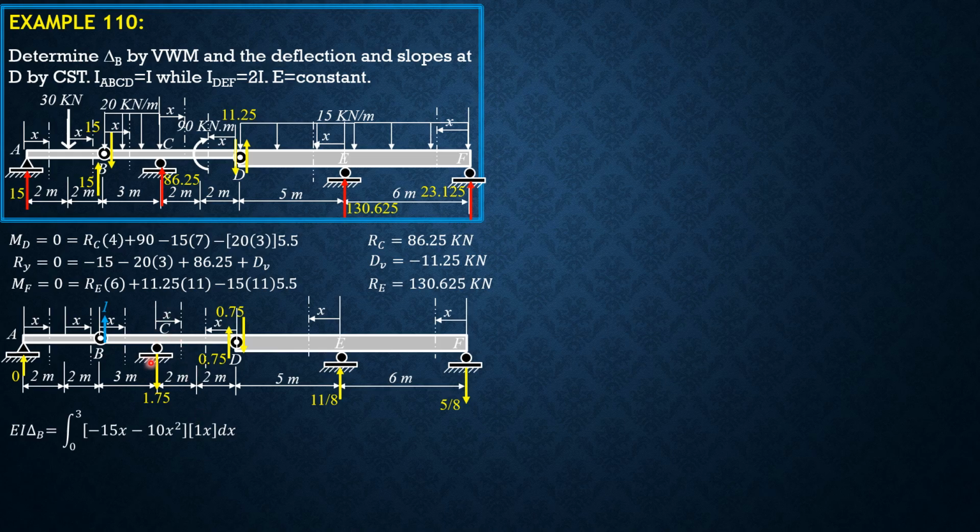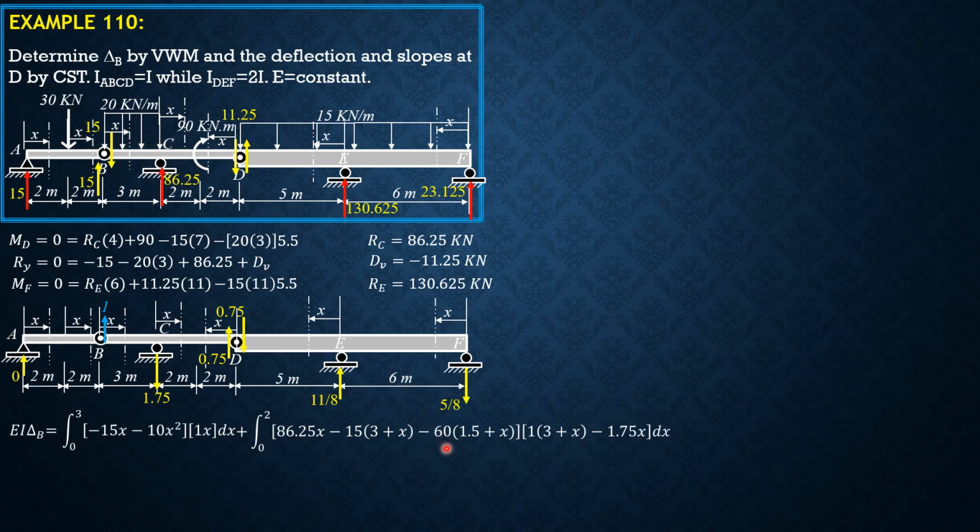Then for the next section here, we have plus integral 0 to 2 of 86.25 times x minus 15 times 3 plus x minus 20 times 3 times 1.5 plus x.